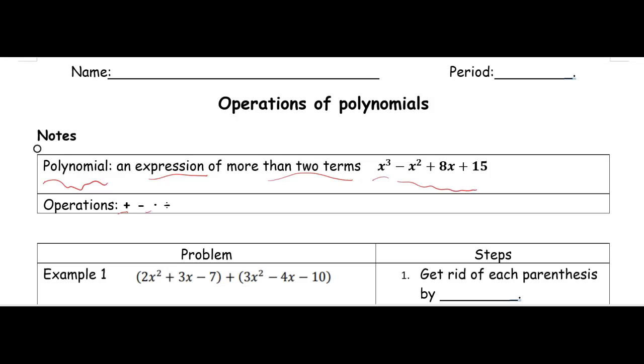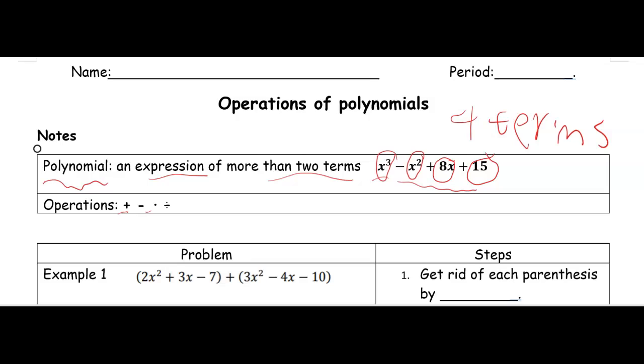This one is an expression because you don't see an equal sign, so it is not an equation, right? And it has more than two terms. So this is one term, second term, third term, fourth term. In this polynomial, we have four terms.